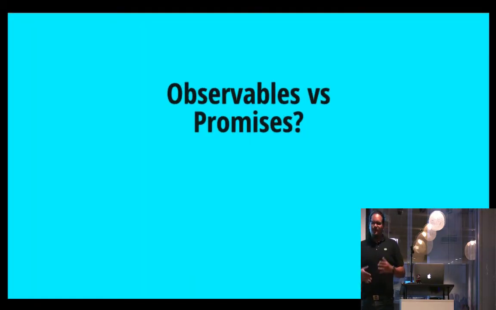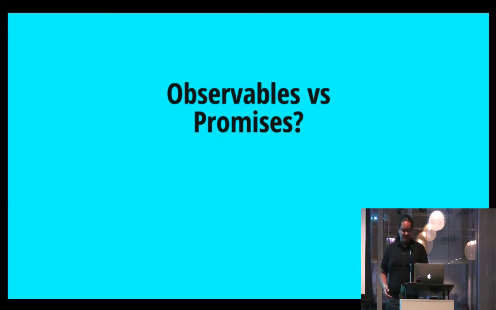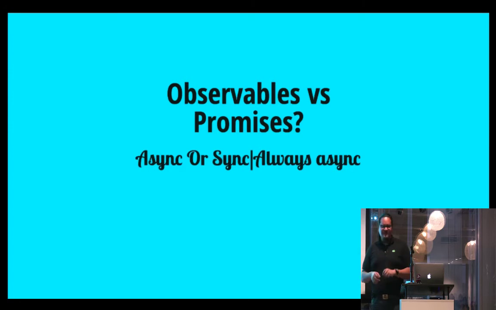Whenever I have these conversations about what RxJS is, a lot of people like to tie this observable world into the promise world, right? Promise is part of the spec. Why don't we just use promises for everything? Well, there are a couple of good points I like to talk about for why you should not use promises and instead use observables.